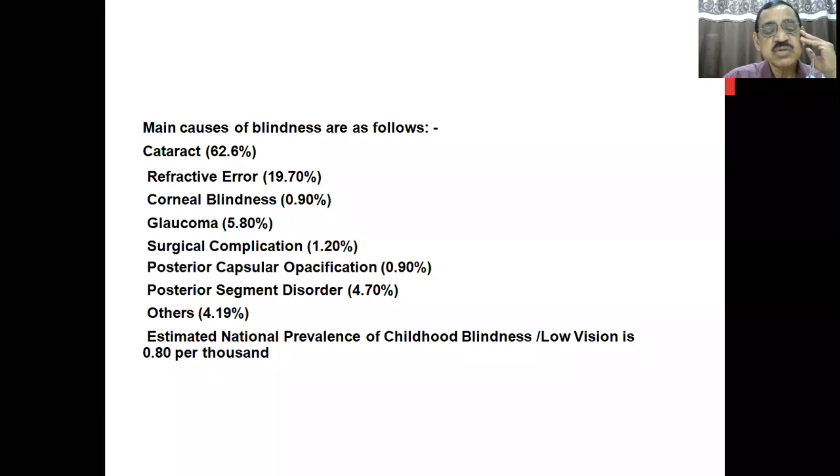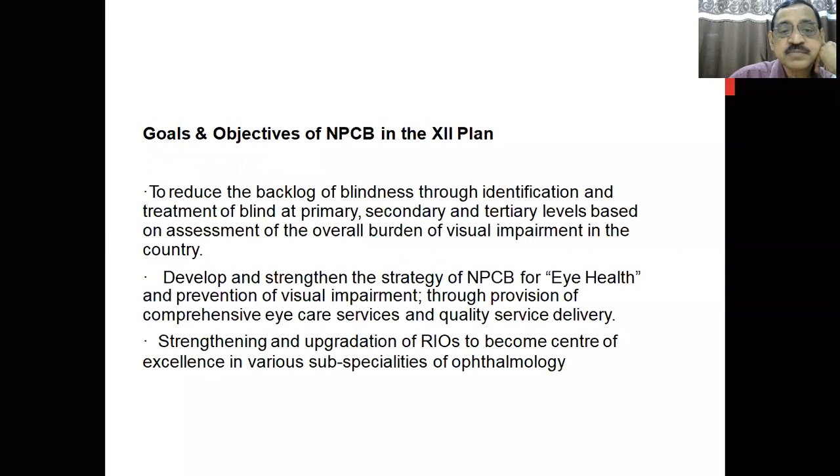And the others, 4.19%, are the ocular congenital abnormalities. So estimated national prevalence of childhood blindness and low vision is around 0.8 per 1,000 population.